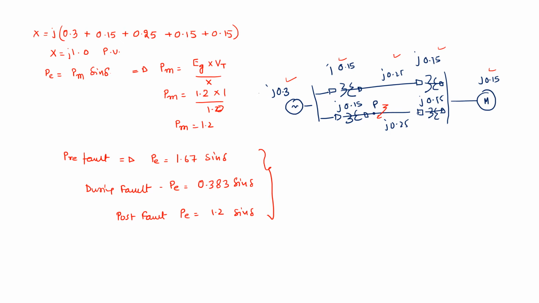So let us think of one more important observation: since we are observing change in these power angle equations, I can say that the pre-fault reactance and post-fault reactance, both of these reactances are less than during fault.